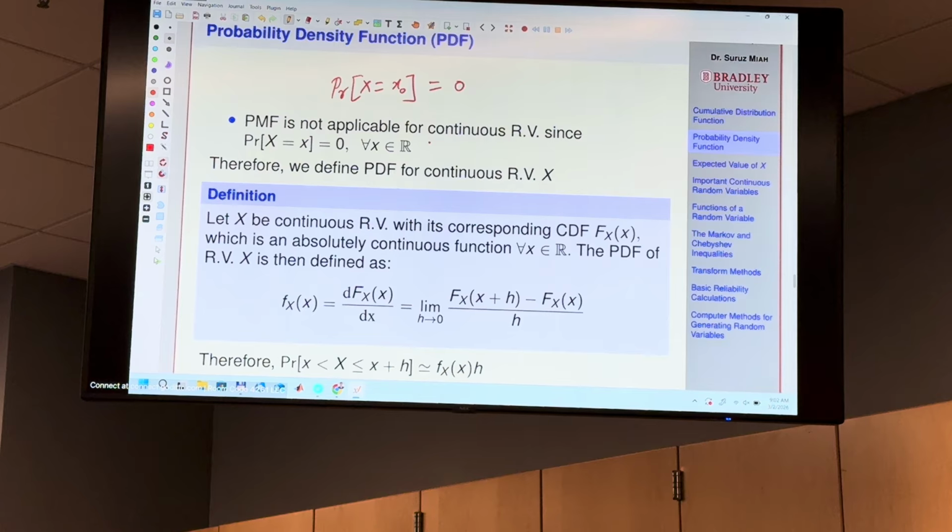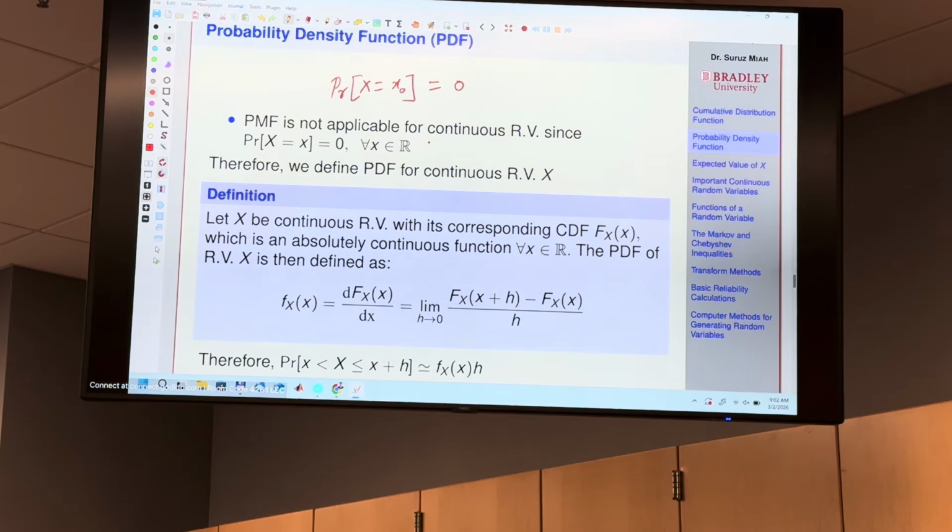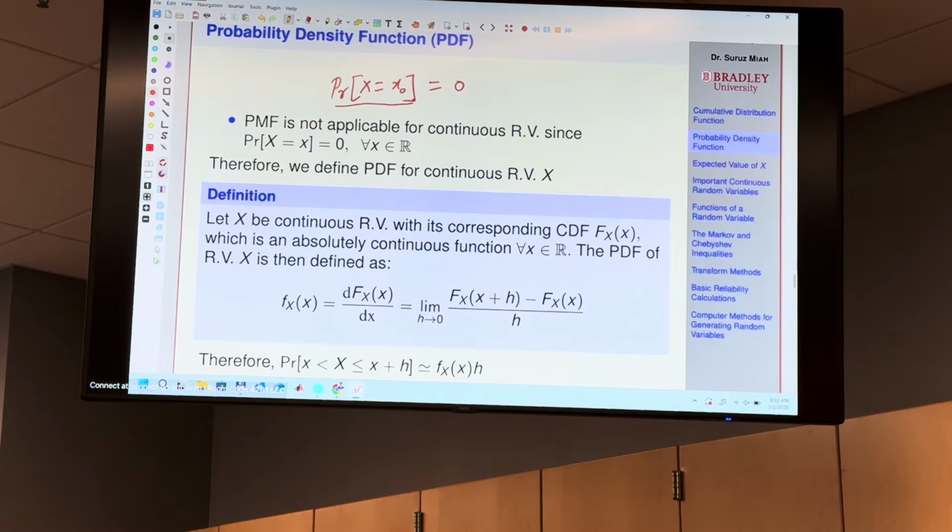That is the major characteristic of a continuous random variable, so this sort of expression for a continuous random variable is zero, guaranteed. And I gave an example of why it is zero.